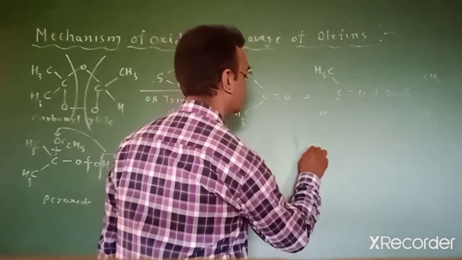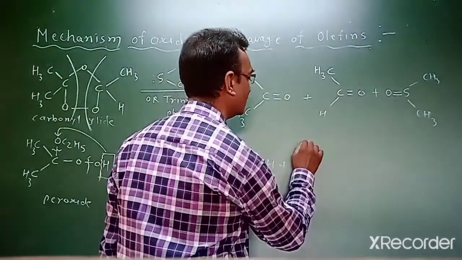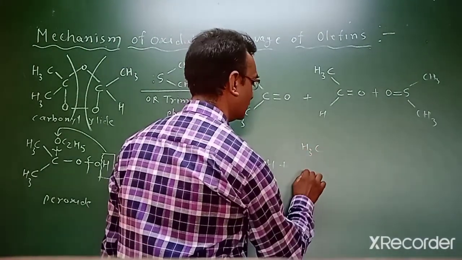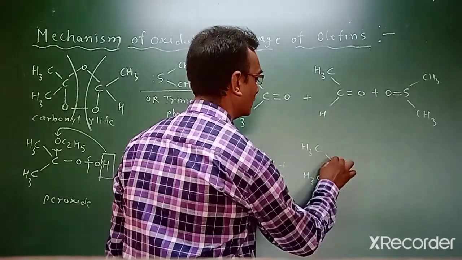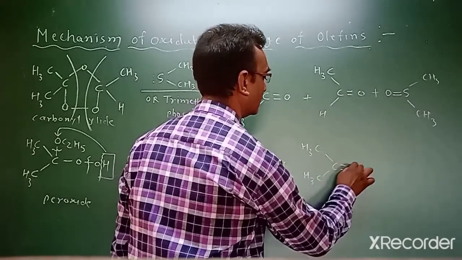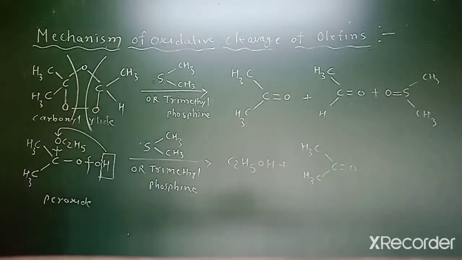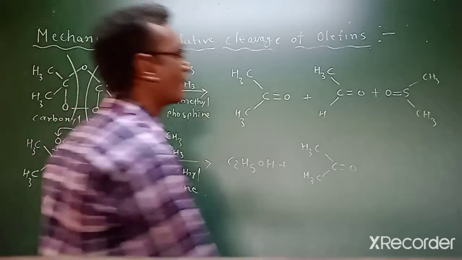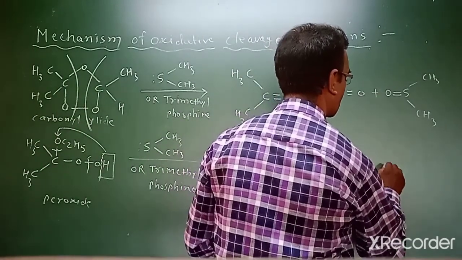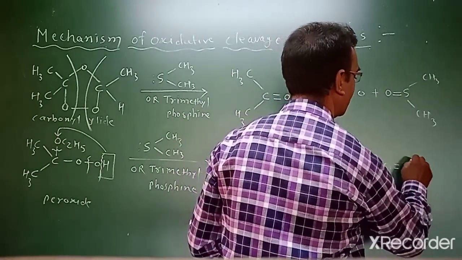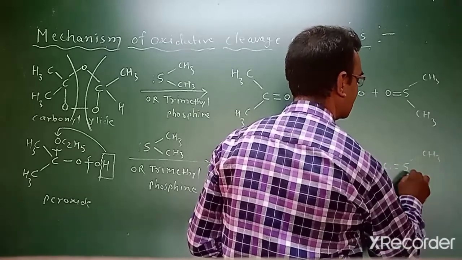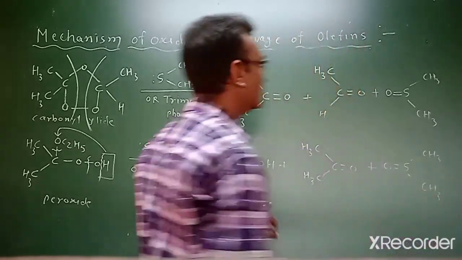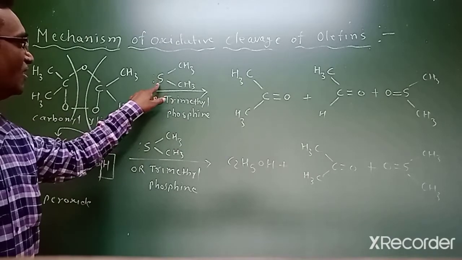Now here CH3C double bond O CH3, acetone, is formed, and this oxygen remains, gets bonded with sulfur, plus O double bond S CH3 CH3. In such a way, dimethyl sulfide gets oxidized.